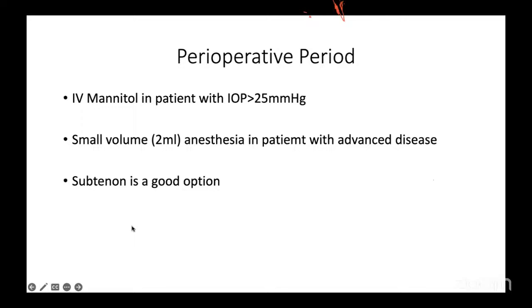The question is, air bubble can actually precipitate anterior lens capsule opacification. And so one has to be very careful, especially when you are trying to reform the AC, maybe in a shallow or flat anterior chamber. Air bubble will help deepen it, but it also has that risk of causing anterior lens capsule opacification.